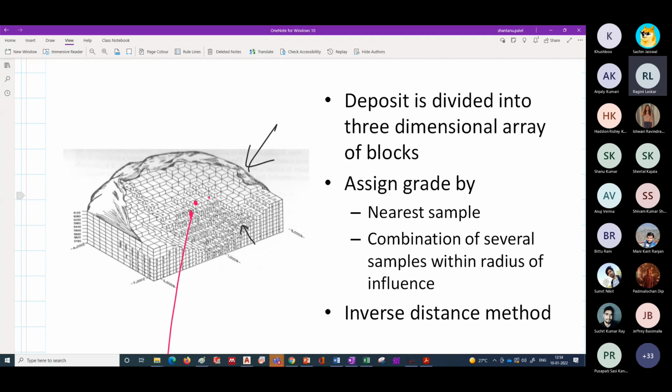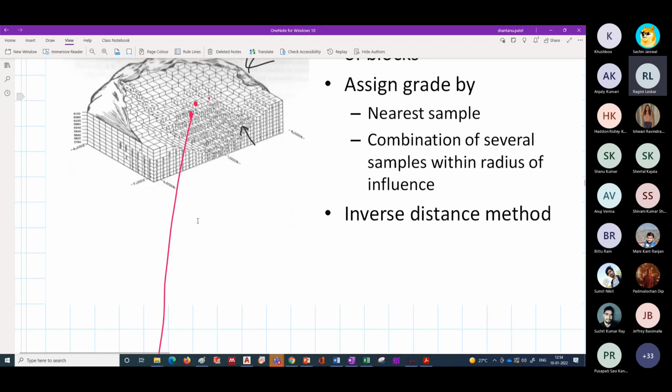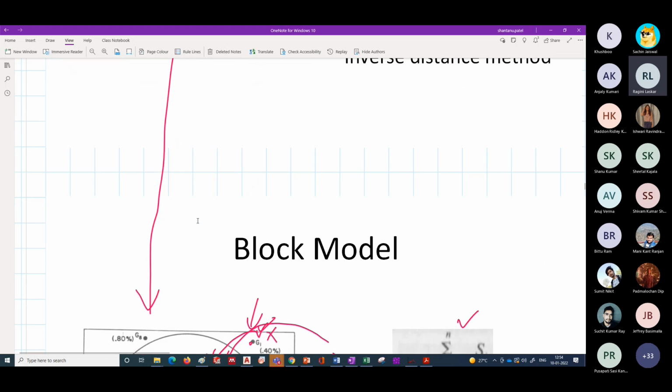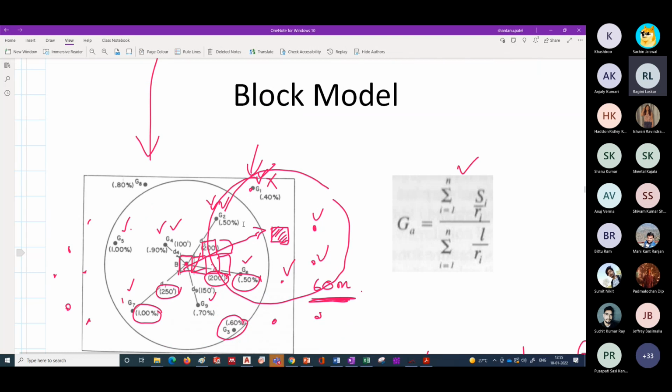Sir, what are the things that the ROI value will depend on? ROI, radius of influence. I think it is how much the grade is varying, how it is changing. Let's say instead of 60 meters, I made it 160 meters. If we make it 160 meters for an iron ore deposit, maybe it is going to help us, but maybe not good for a gold deposit. For a gold deposit we should maybe make it 10 meters or 20 meters.